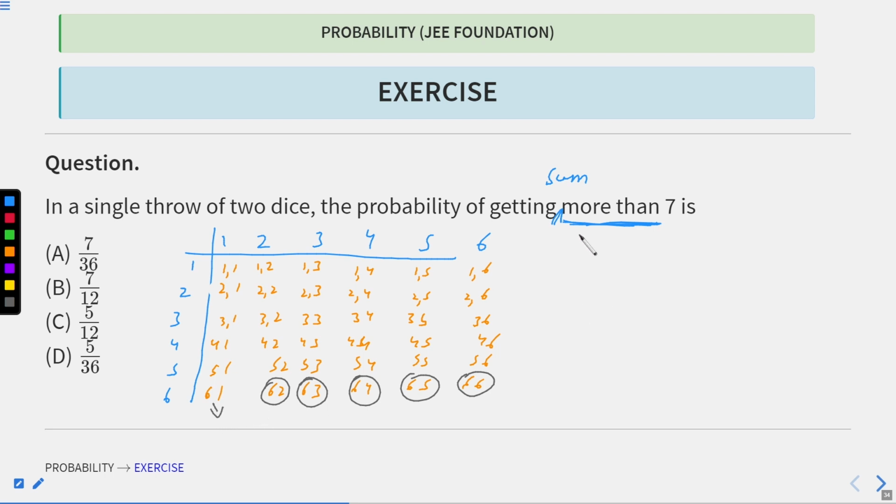So we are taking more than 7. So this, this and this, this and this, and this and this. So 1, 2, 3, 4, 5.